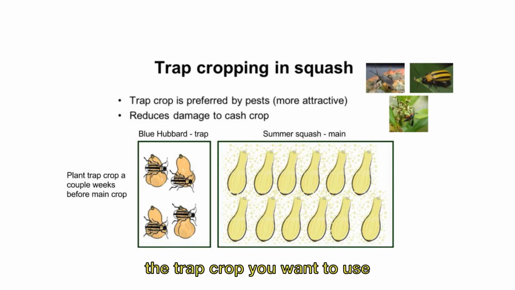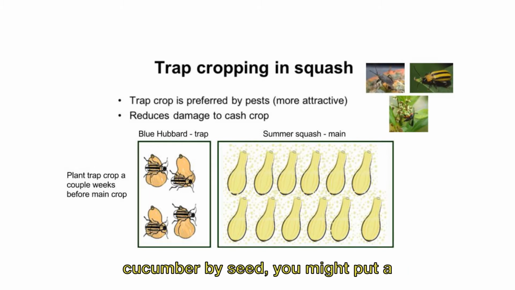So again, for the trap crop, you want to use something that is very much preferred by the pests, so you'd want to use a highly susceptible variety. And the idea would be to put it as a barrier between where you think the pest is likely emigrating from to concentrate them in an area. Most often, it's a good idea to get your trap crop in before you put your main crop in. One tactic that's been used in cucurbits is to use transplants.